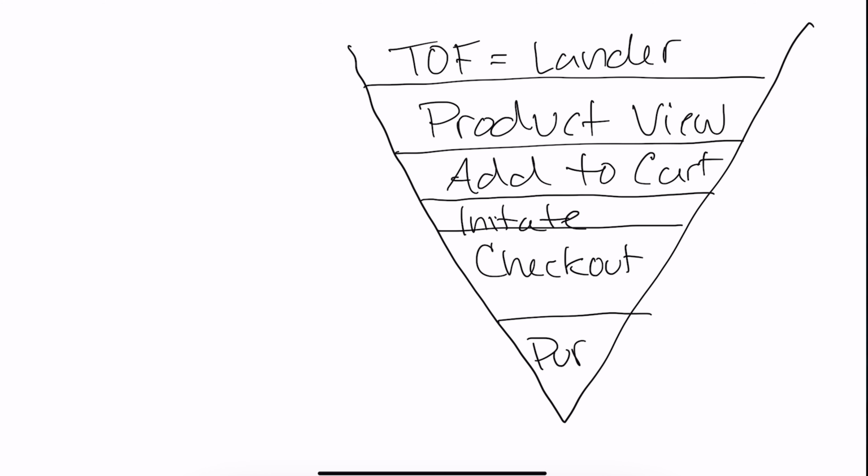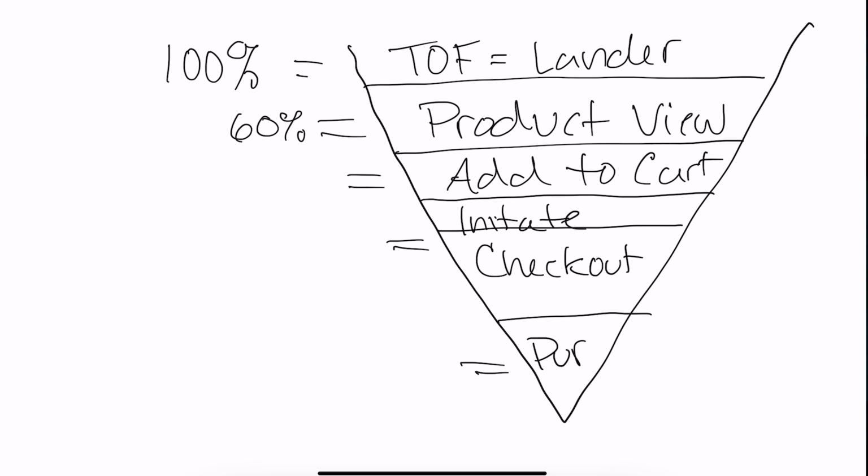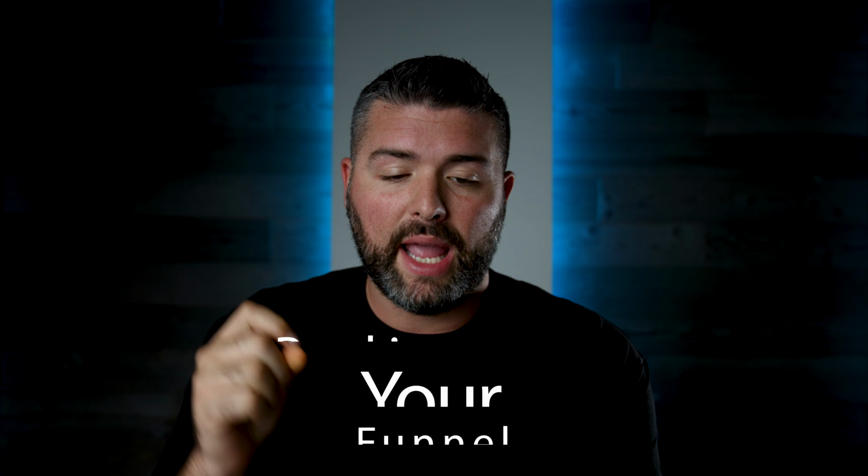From there, how many people have added to cart? Next, how many people have initiated checkout? And then lastly, like we just went over a minute ago, your conversion rate based on how many people have purchased. So all in all, you want to start by looking at how many people have actually added to cart.